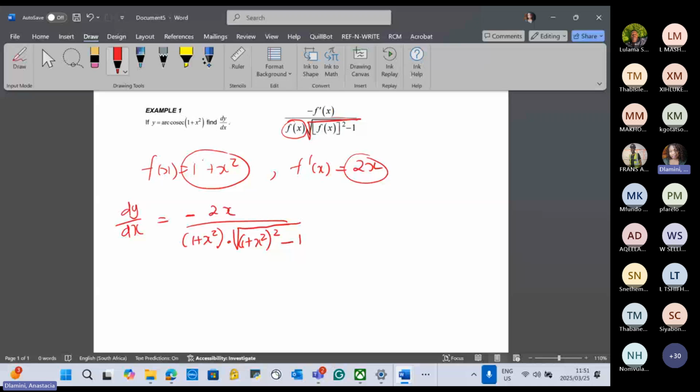You're not done, guys. If you leave it like this, you get 0.5 maybe. Now we need to come and simplify. So this is equal to minus 2x over 1 plus x squared, square root of 1 plus 2x squared plus x to the power of 4 minus 1.